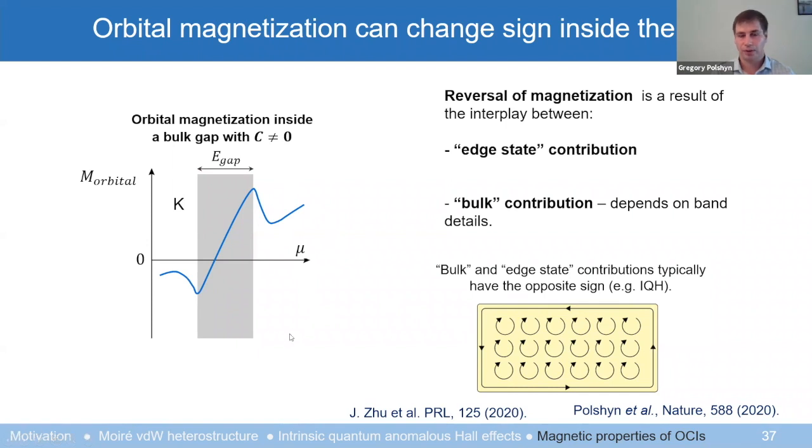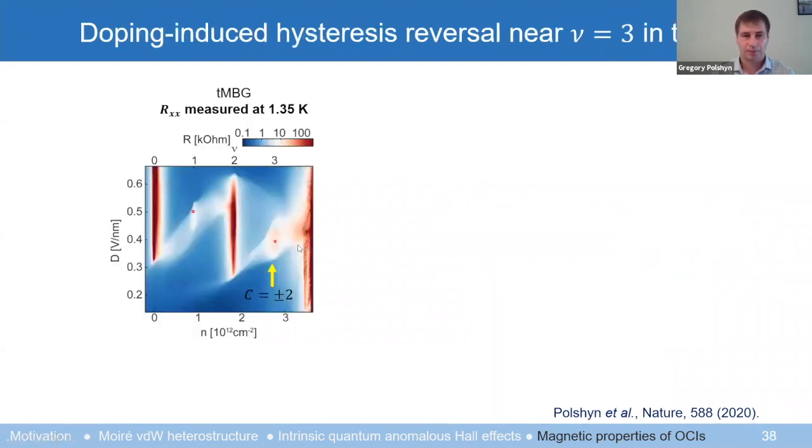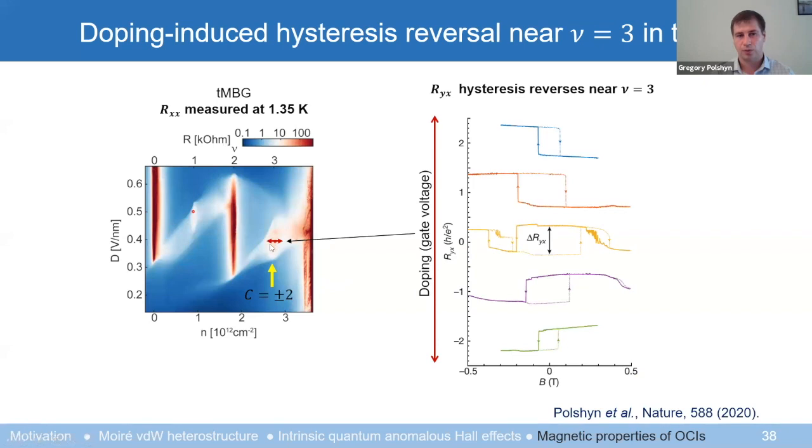Okay, so now let me show you the evidence that this is indeed what happens in our experimental systems. We found this in the nu equals 3 state in twisted monolayer-bilayer graphene, which is a Chern insulator. When we studied how magnetic hysteresis changes as a function of small doping around this state, we found something quite unexpected: at some value of doping, the direction of the hysteresis loop suddenly reverses, right?